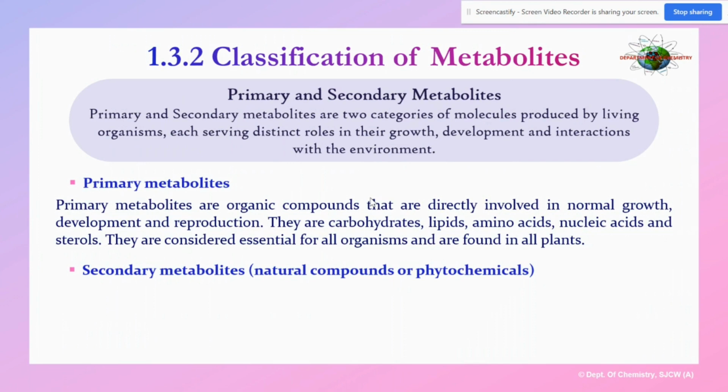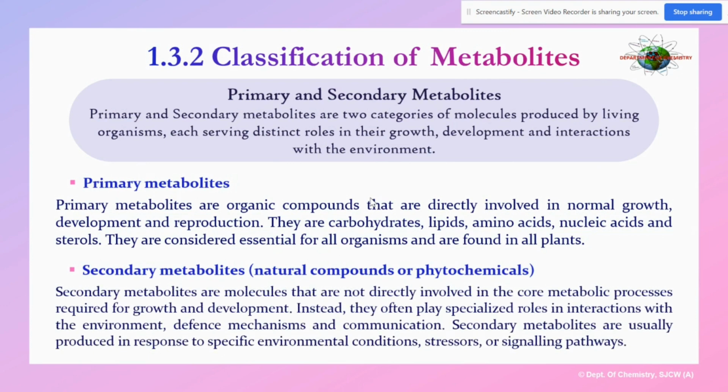They are carbohydrates, lipids, amino acids, nucleic acids, etc. Secondary metabolites are molecules that are not directly involved in the core metabolic processes. They play specialized roles in interaction with the environment and defense. Secondary metabolites are produced in response to a specific stimulus such as an environmental condition or a stressor.